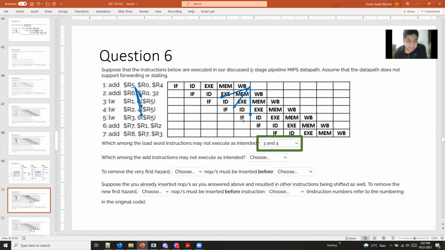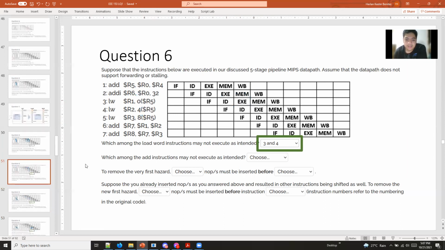So the data hazard natin is instructions 3 and 4. Similar yung next question, pero this time dun sa add na operations. So una, tingnan natin itong instruction 6 na i-add si R1 at si R2.